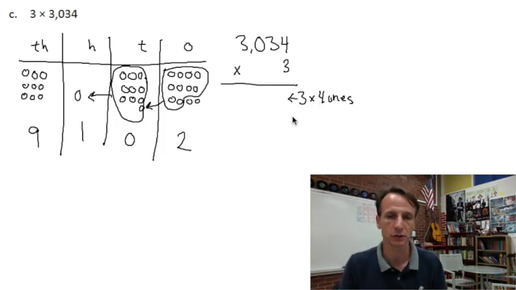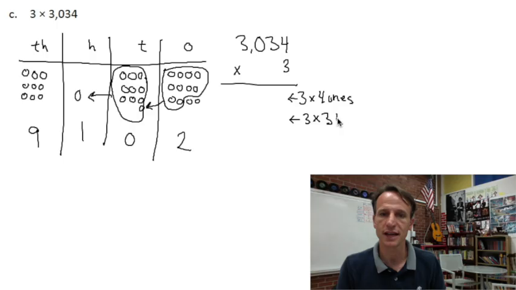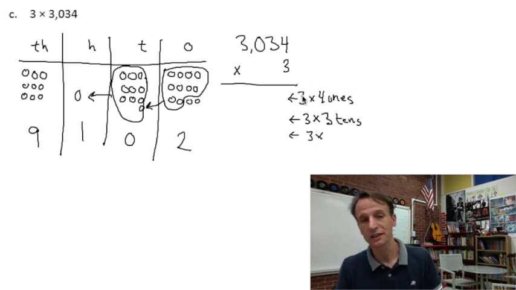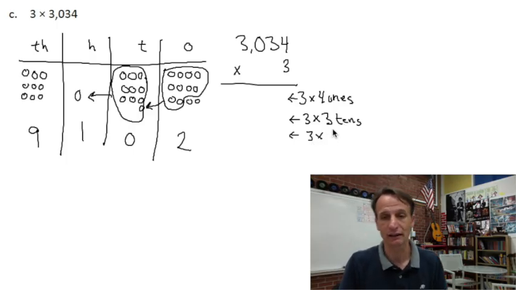That's why the little arrow is nice. And then here I'll be doing 3 times 3 tens. And then I will multiply 3 times, well, I could write 0 hundreds, but I know it's going to be 0. So I'm not going to waste my time. If you want to, go ahead.